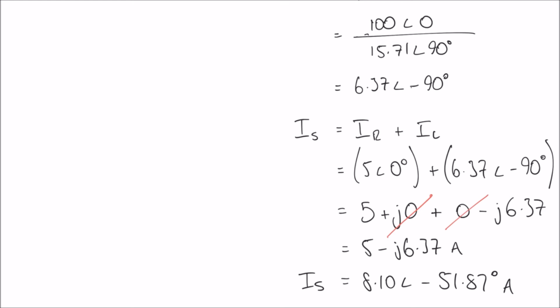I want to start, like we've started with all our other diagrams, by drawing our reference phasor first, which is our supply voltage, VS, 100 volts, and that's going to point directly to the right. We have two currents flowing through two separate branches. We have our current IR, which was 5 at an angle of 0.